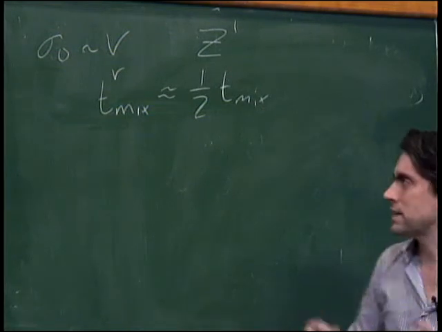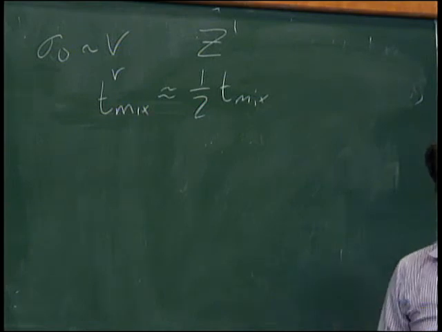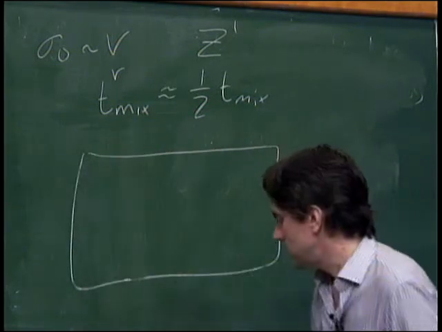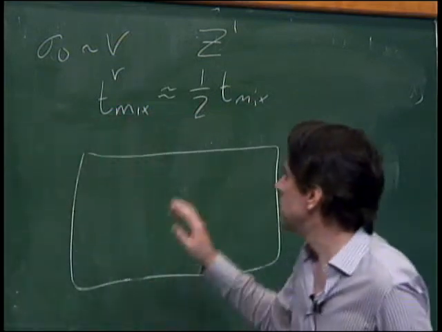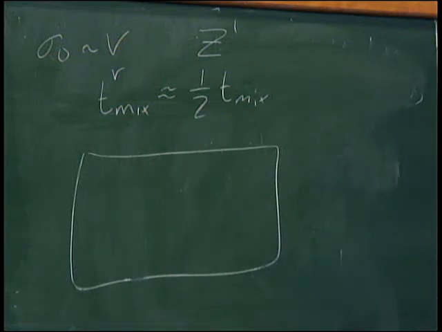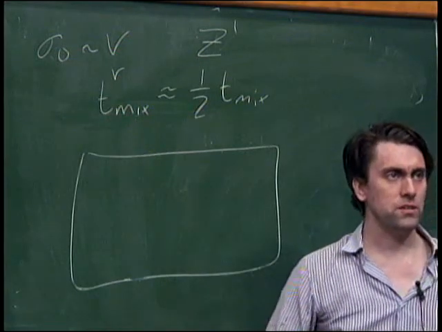So by taking an annealed started configuration, the Markov chain mixes twice as fast. And yeah, my initial sigma naught is just taking IID pluses and minuses.